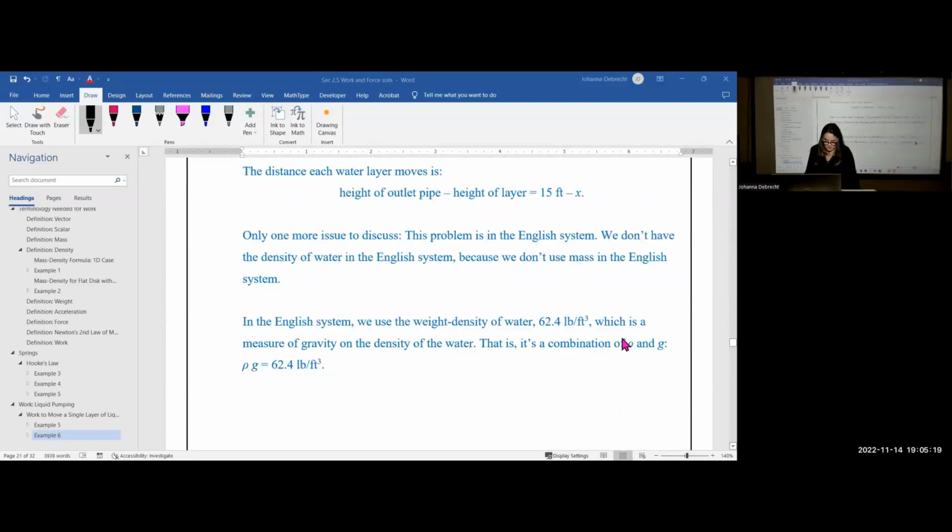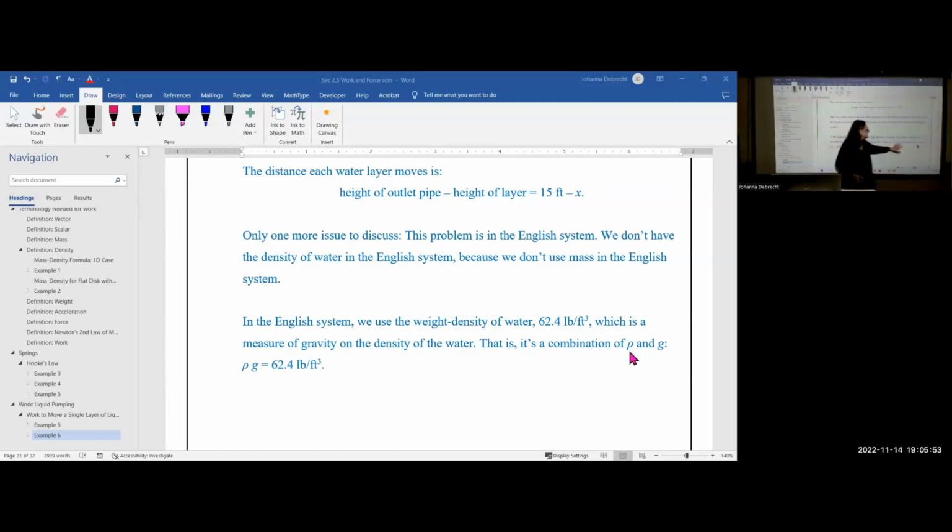So now we have a little bit of a problem. This is in feet. And our density that I gave you earlier was, I gave you the density of water as 1,000 kilograms per cubic meter, and this is in feet. Those don't mix well. Now we could convert, and that would be a nightmare. But we can instead use what's called the weight density of water. Weight density is rho multiplied by g already.